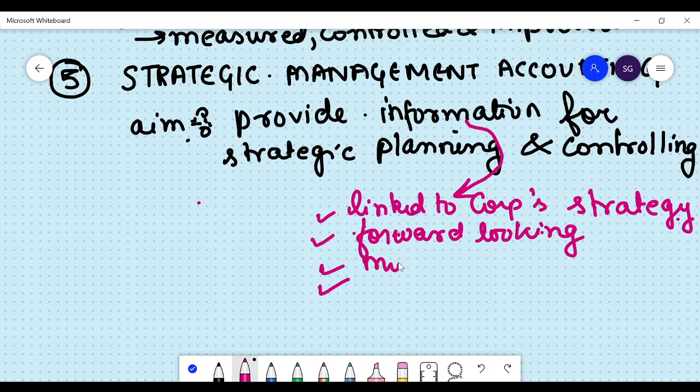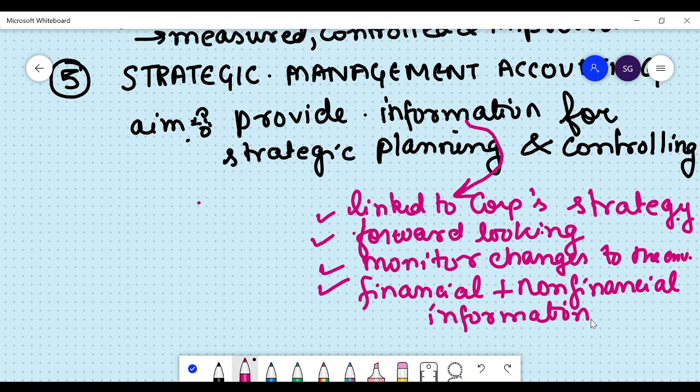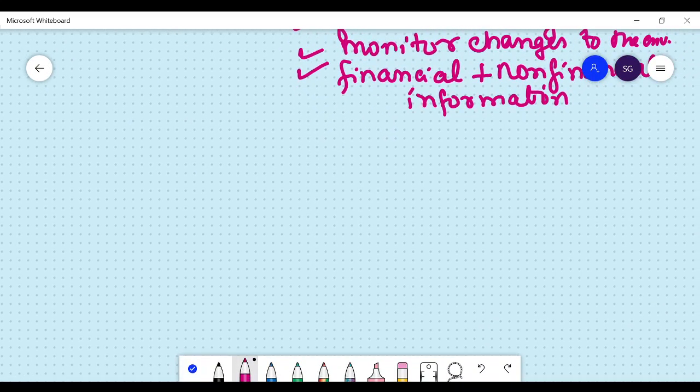It must monitor changes to the environment, and it must include financial and non financial information. So, these are the 4 characteristics that the information should have.